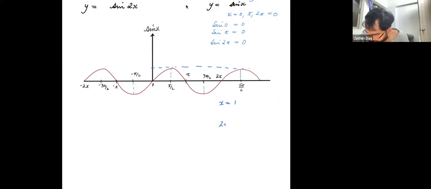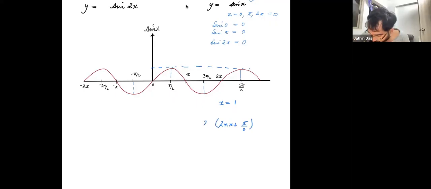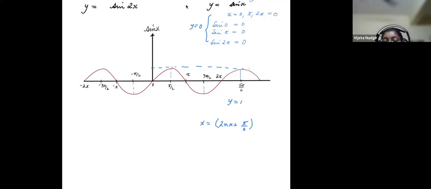So 2n pi plus pi by 2, correct? When x is equal to this, your y is becoming 1. And in these portions, your sine value is becoming 0.